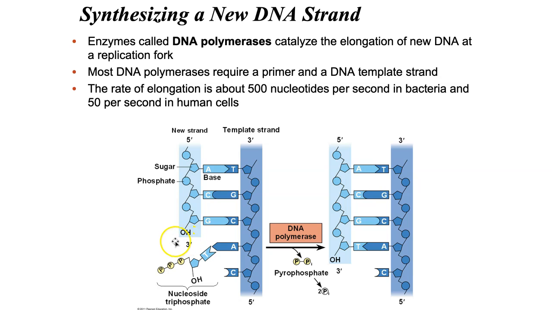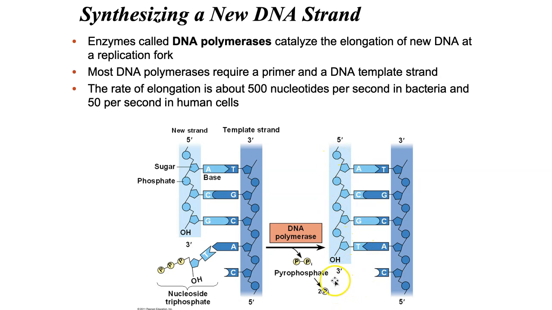This is going to create a phosphodiester linkage, if you remember that from chapter 5. Phosphodiester linkage. This phosphate group is going to be binding onto this sugar over here, and then we're going to lose 2 of these inorganic phosphates here. The 2 of them together is called a pyrophosphate, and now we have elongated our strand, and it's going to continue.